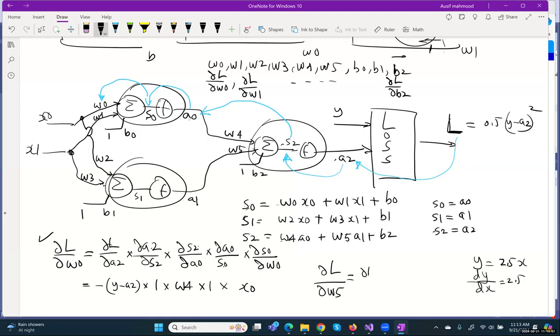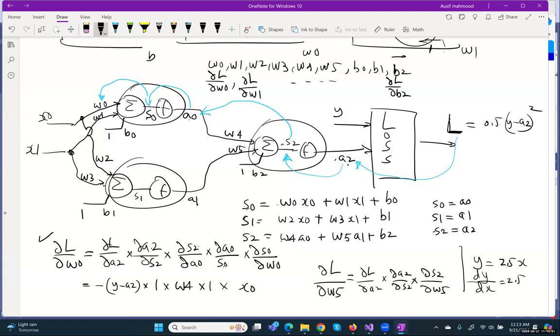From L, we'll go to A2. A2 to S2, very good. And S2 to W5, and we are done because this is where we wanted to stop, right?